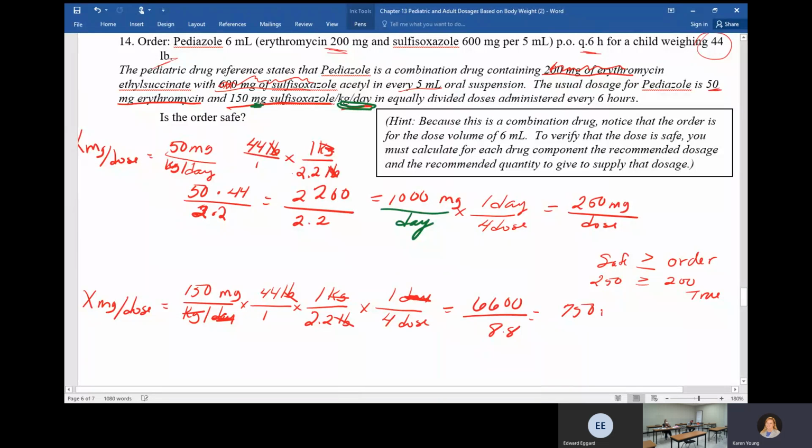It's 750 milligrams per dose. So is this one safe? Yeah, because this is my safe. The safe is greater than or equal to my order. My order is 600. So then this is safe.